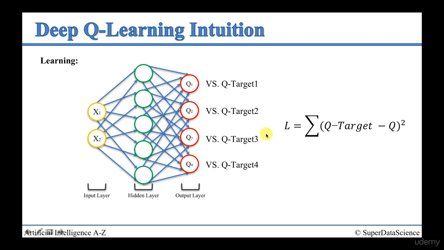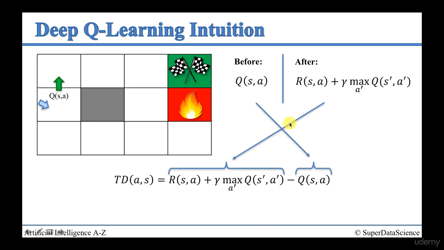Ideally, just as in temporal difference learning, if we go back for a second, remember we said we want this to be equal to this, so we want the temporal difference to be 0. That means the Q values that the agent is predicting, that it has in memory, are exactly descriptive of the environment, and therefore the agent can navigate the environment pretty well.